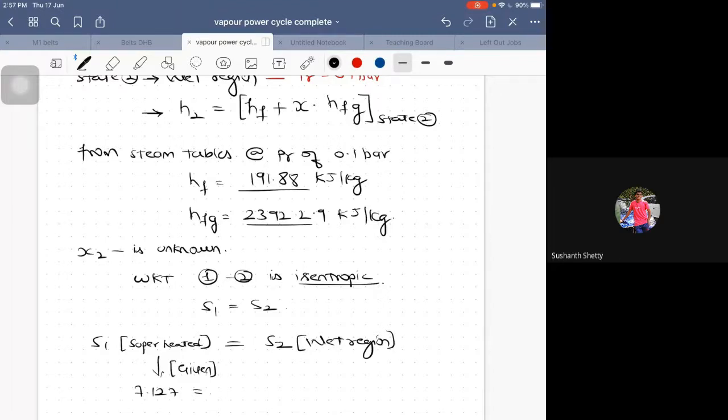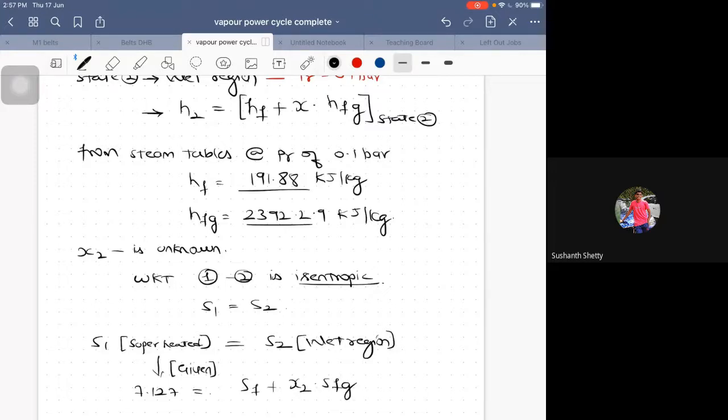Using the formula Sf plus x into Sfg. Excellent. So same thing I'll be using here. It is Sf plus x at state 2 into Sfg.